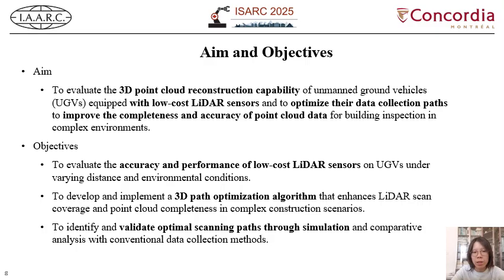Our aim is to evaluate the 3D point cloud reconstruction capability of a UGV equipped with low-cost LiDAR sensors and optimize its data collection path to improve the completeness and accuracy of point cloud data. Our first objective is to evaluate the accuracy and performance of low-cost LiDAR sensors. The second is to develop and implement a 3D path optimization algorithm. The third is to identify and validate the optimal scanning path through simulations.